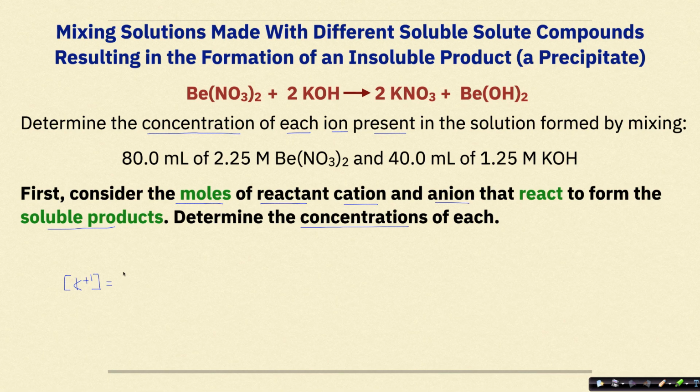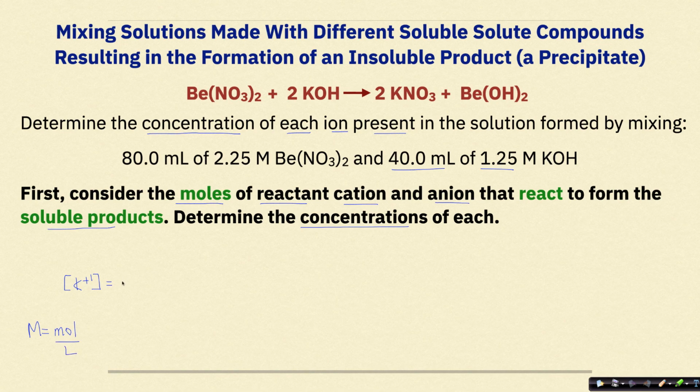If we look back at the information given to us about potassium, we have a molarity of 1.25 and a volume associated with this of 40 milliliters. So we know that molarity is equal to moles over liters.